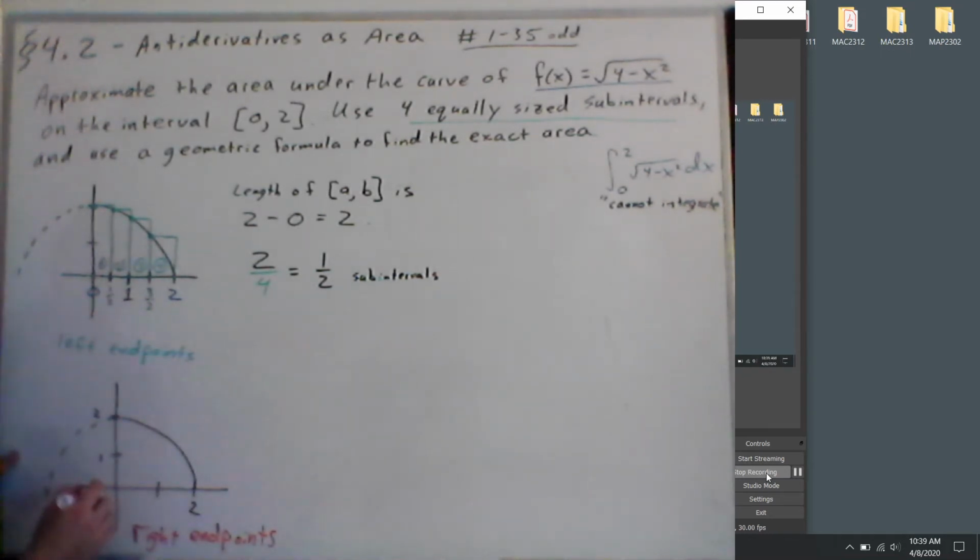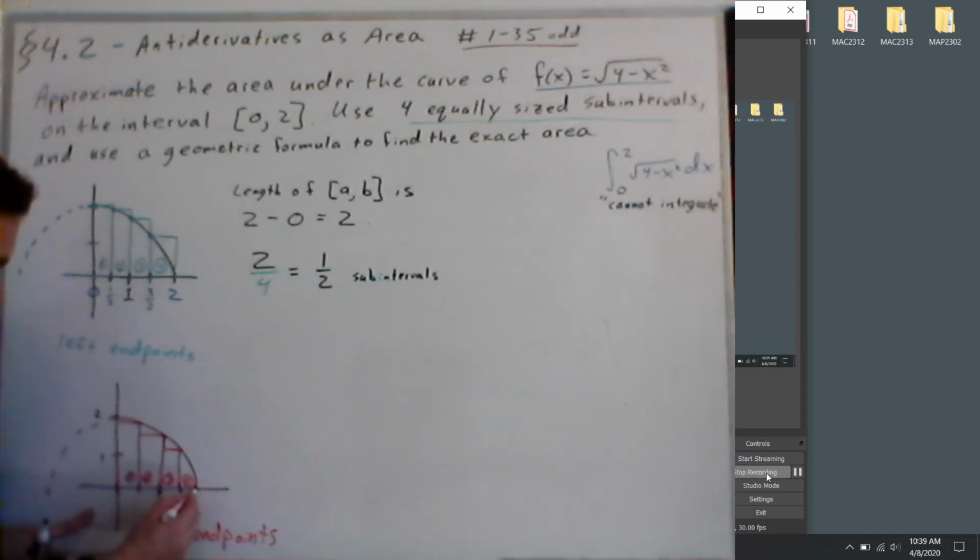When I break these subintervals up, I still have 1, 2, 3, 4 subintervals. But now I'm going to use the right endpoint of the rectangle with my subintervals.